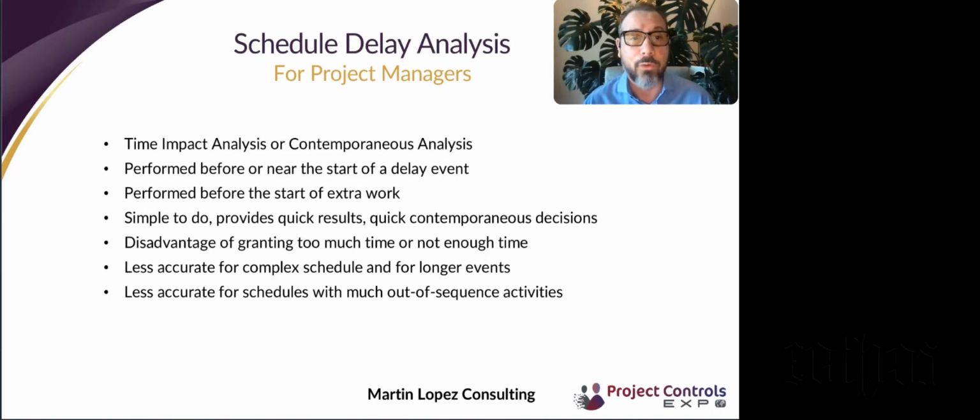Now, a prospective delay analysis, or a delay analysis that happens in real time, is also called time impact analysis or contemporaneous analysis. It's typically performed before the delay or near the start of the delay event, and it's usually for extra work or disputed work.